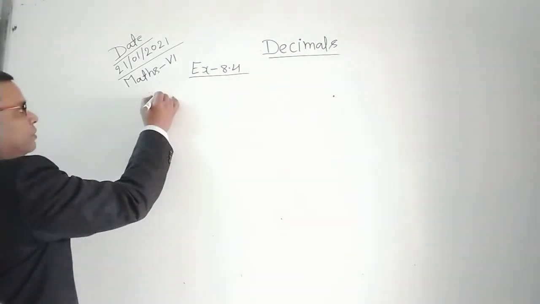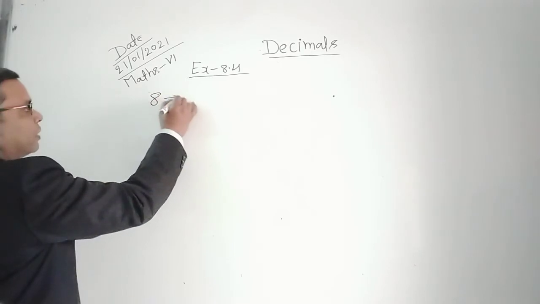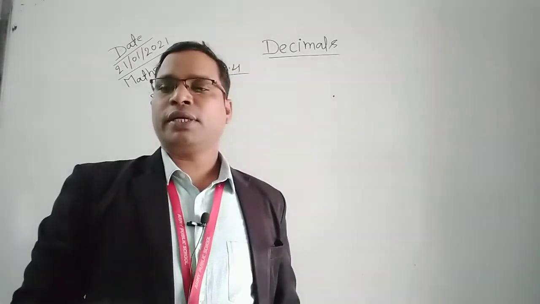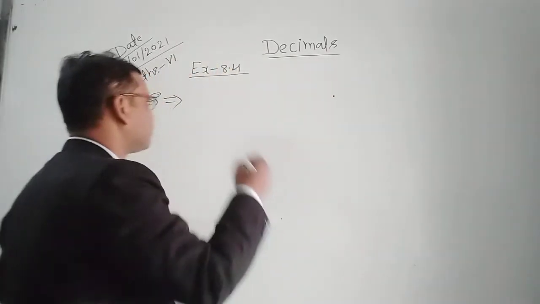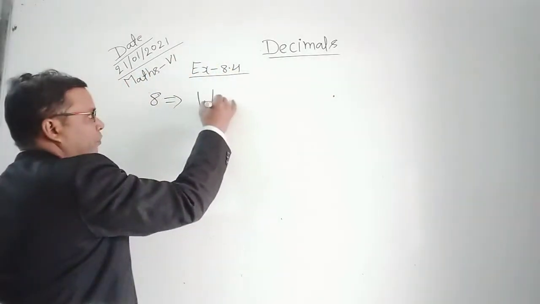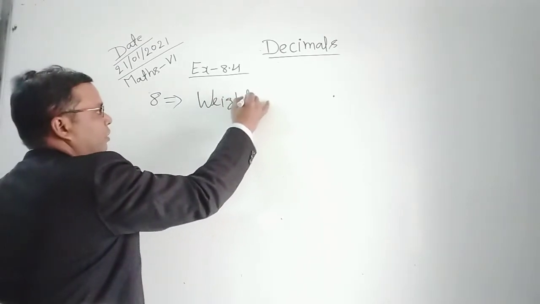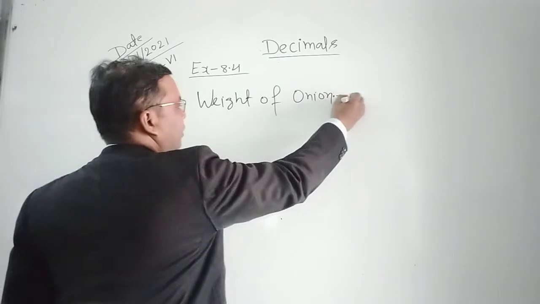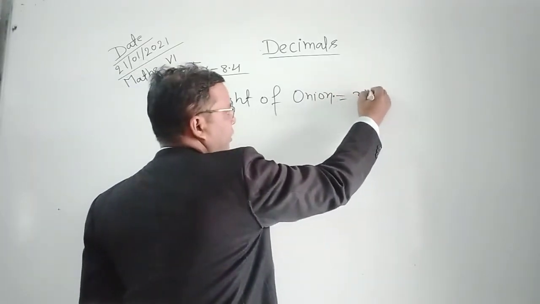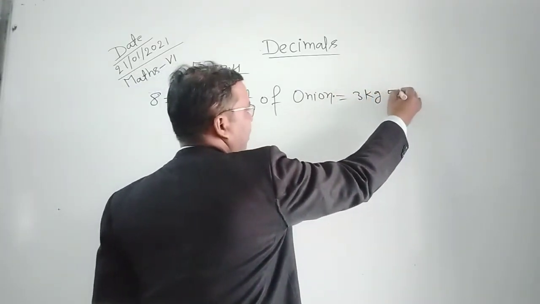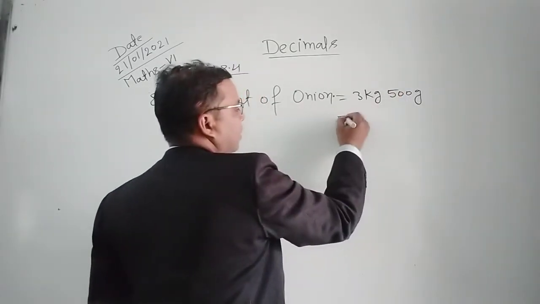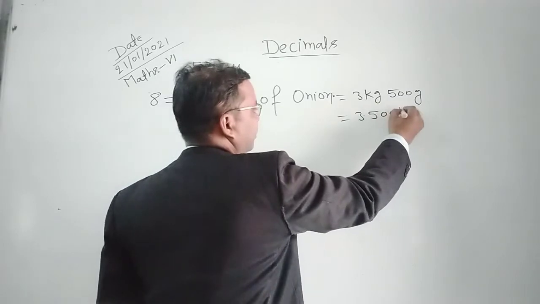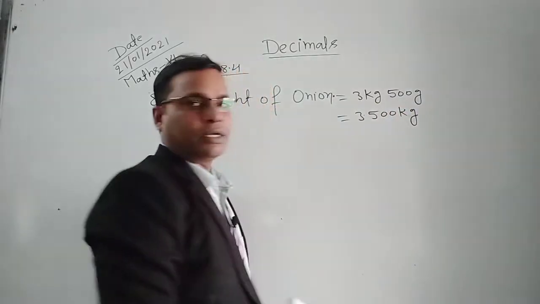This is question number 8. So in this question, the weight of onion is given. Weight of onion is equal to 3 kg 500 gram. This is equal to 3.5 kg. Clear? Okay.